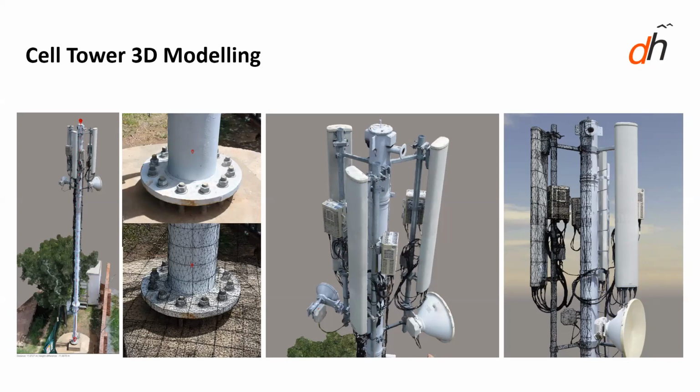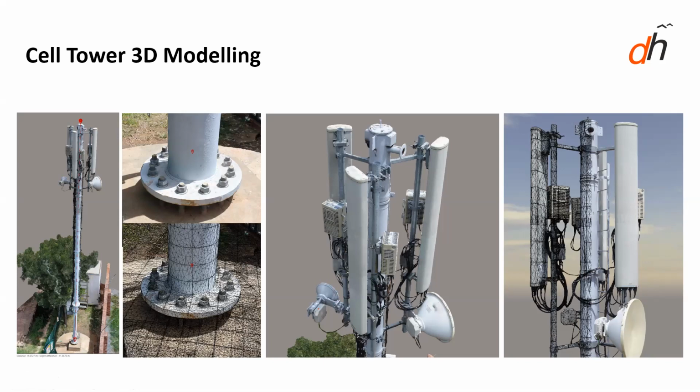So creating 3D models can have various applications. We can use the 3D model to navigate a nice image set of the cell tower. We can click on different images and know where on the cell tower these images were taken.